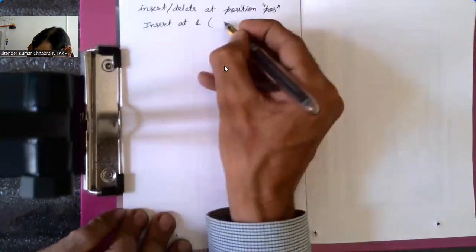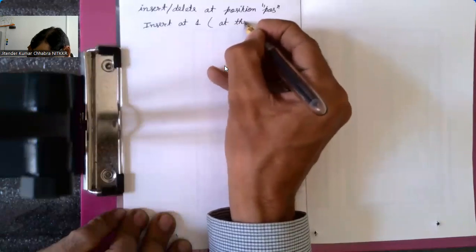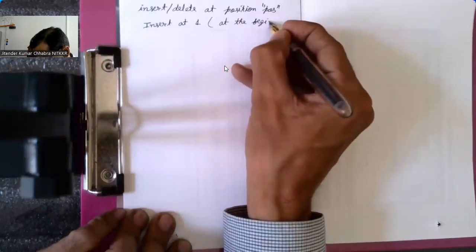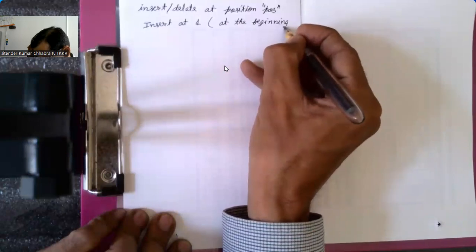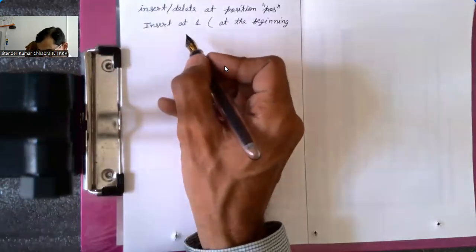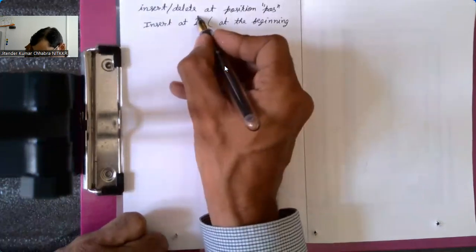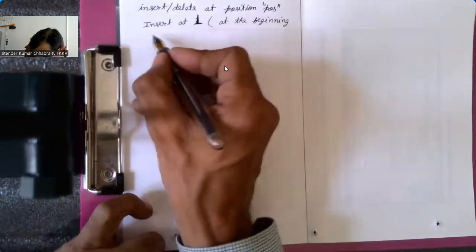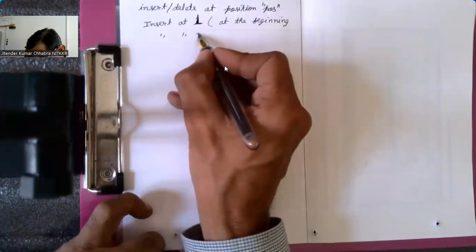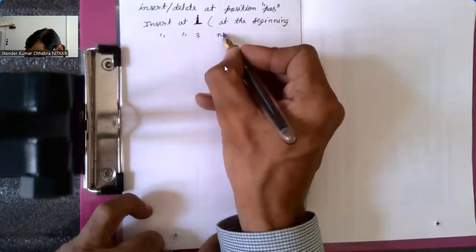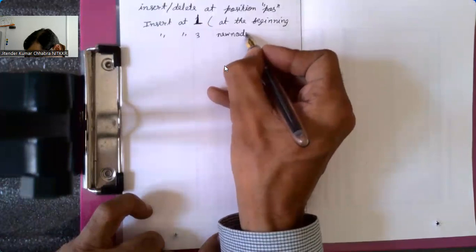At 1 means at the beginning, which means the new node should become the starting node. And if I say, let's say, insert at position 3, it means the new node becomes the third node.